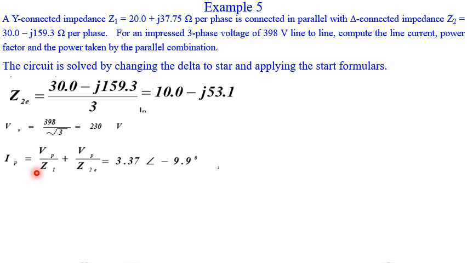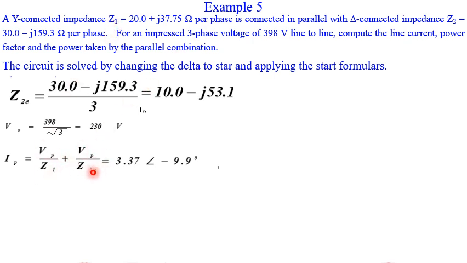We know the impedance of both of them. Since we've now converted them, the Vp is 230. So Ip is 230 divided by Z1 plus 230 divided by Z2.